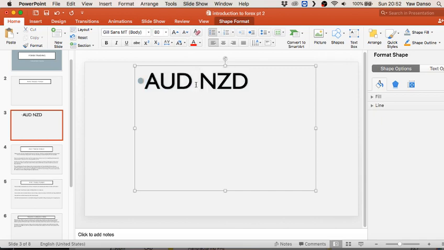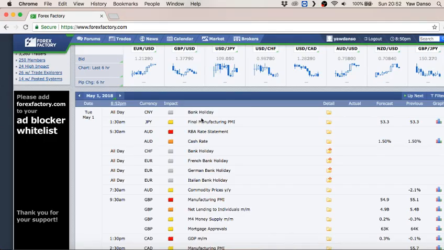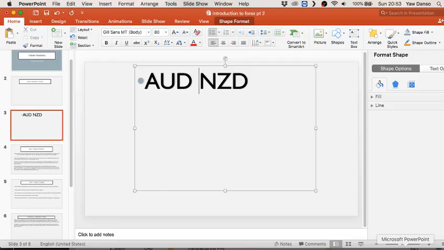So AUD New Zealand is two countries. If I come on this website, I can see there's news on the Royal Bank of Australia. The Royal Bank of Australia is the central bank, which is the major bank.